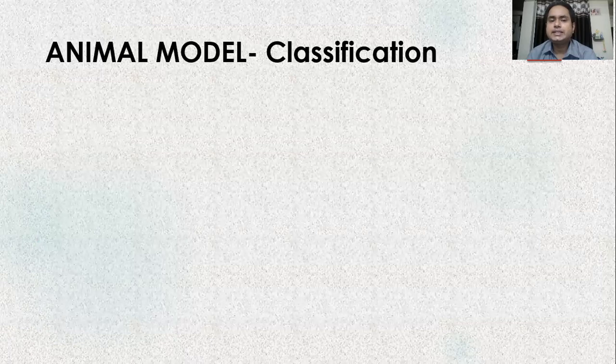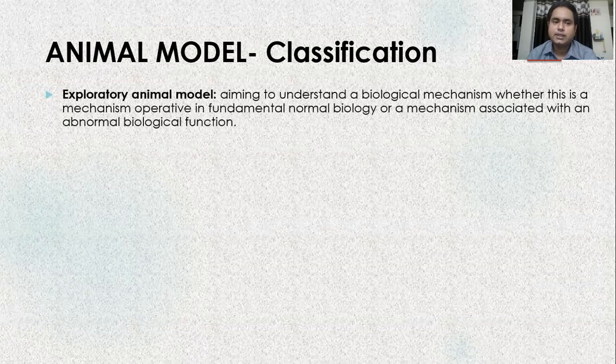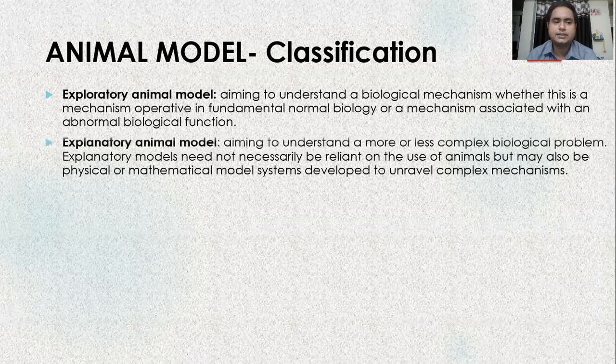Now we can see the classification of animal models. There is the exploratory animal model. The exploratory animal model aims to understand a biological mechanism, whether it is a mechanism operative in fundamental normal biology or a mechanism associated with an abnormal biological function.